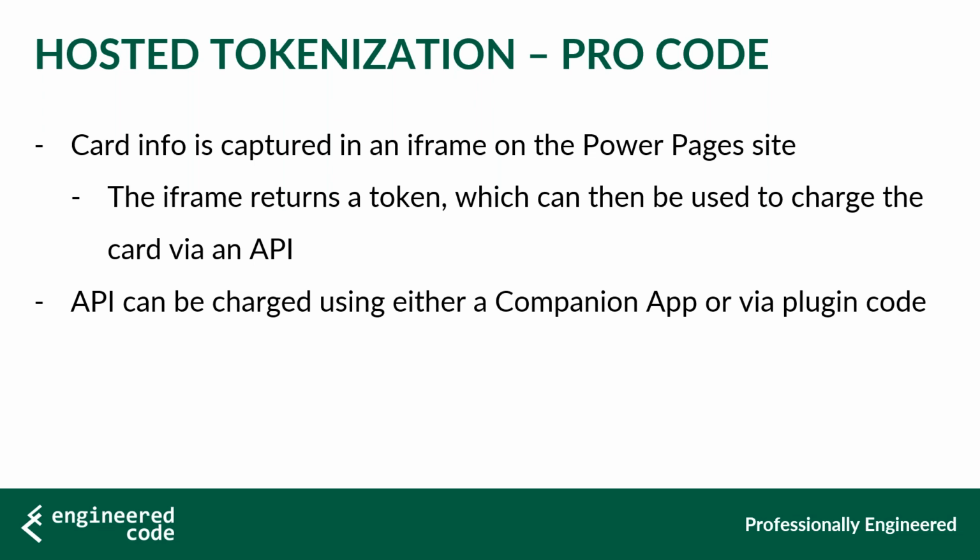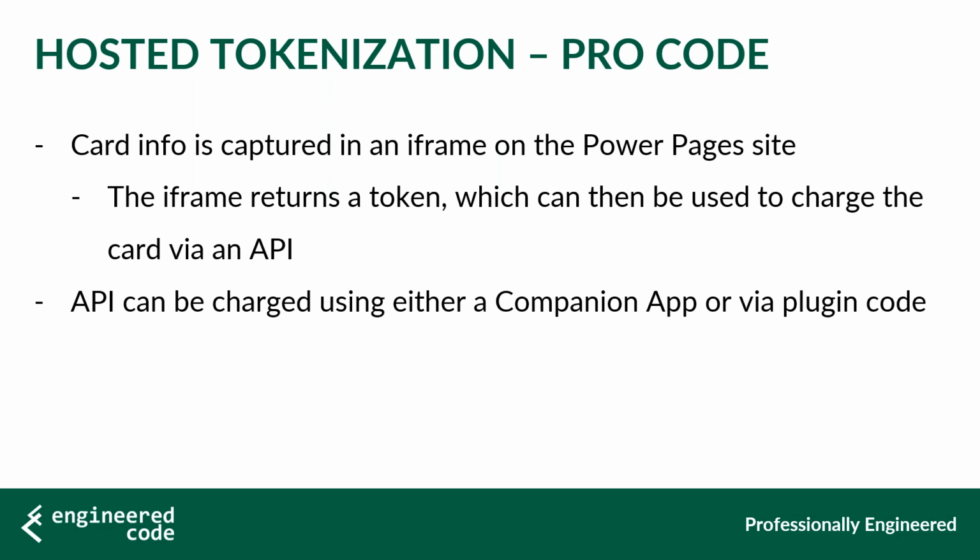You then take that token plus all of the other data that was on your form, the name, the address, and all the other details, and pass it back to your web service. That token is not a credit card number, so you don't have to worry about it being in memory. It's just a token that you can then use to call their APIs to charge that card.